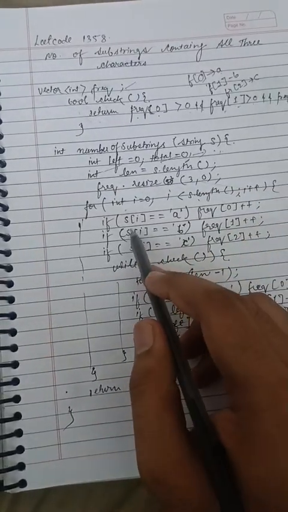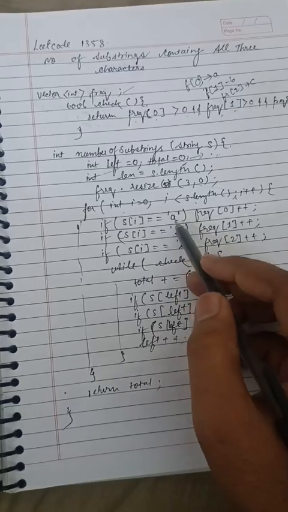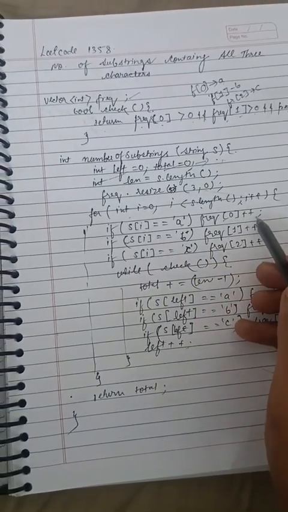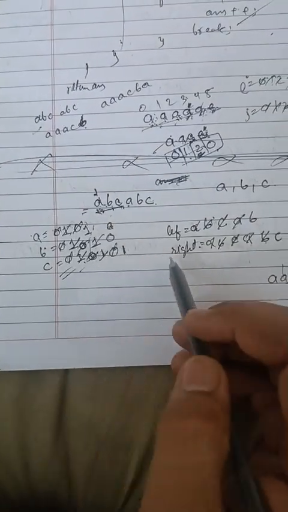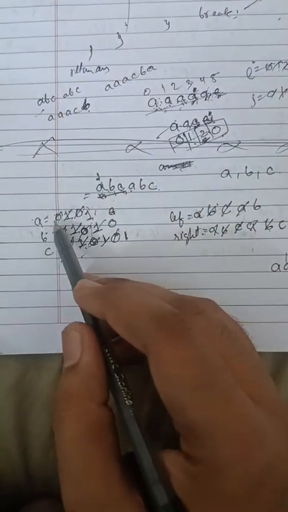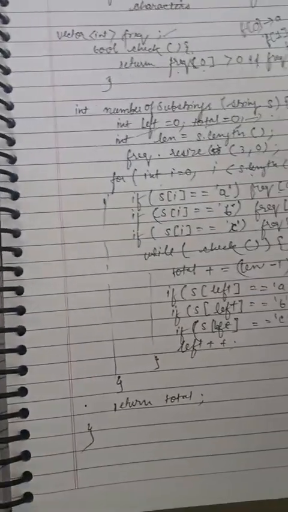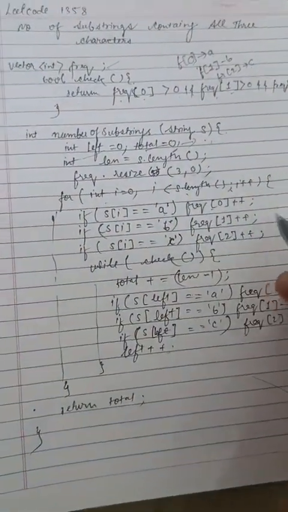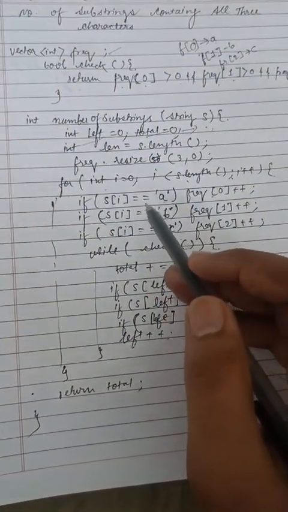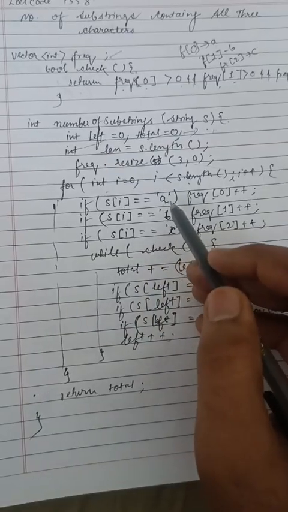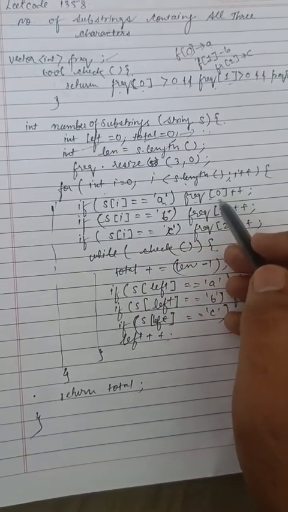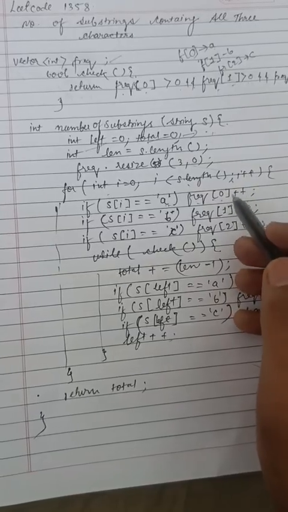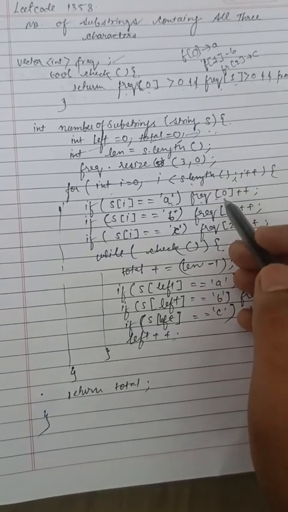Okay, when it is A, we will increment the frequency of 0. Like here, when we were getting A, we were incrementing the frequency of A, right? So here it's the same. When string of I is equal to A, then we are incrementing the frequency at index 0.